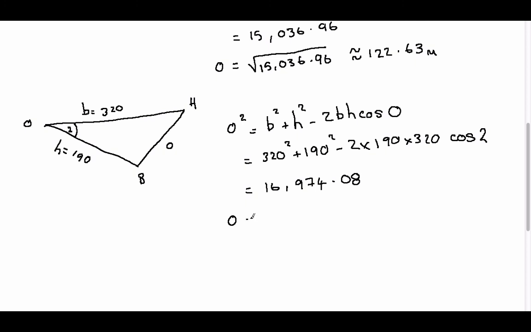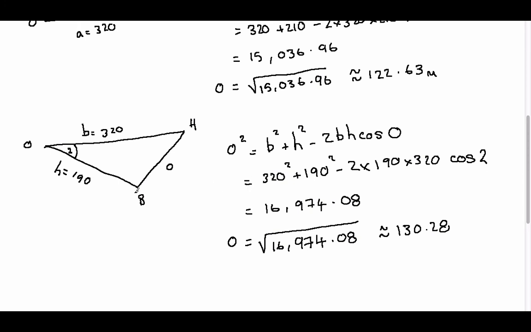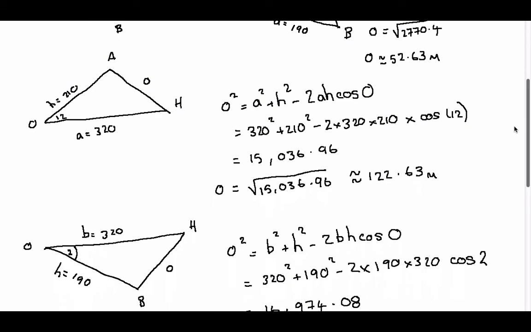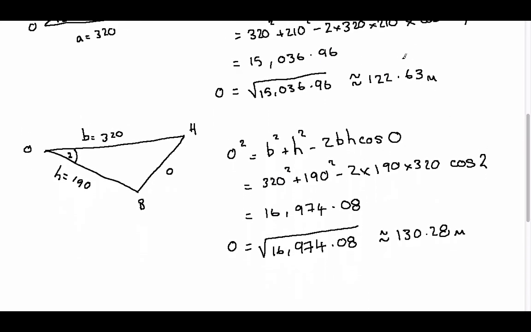So to get o, we just need to square root this number. So the square root of 16,974.08 is approximately 130.28. So we can see that Leslie's drive is 130.28 metres away from the hole. So overall you would say that Bob's drive was probably a little bit better than Leslie's drive, as his ball is ever so slightly closer to the hole than Leslie's is.